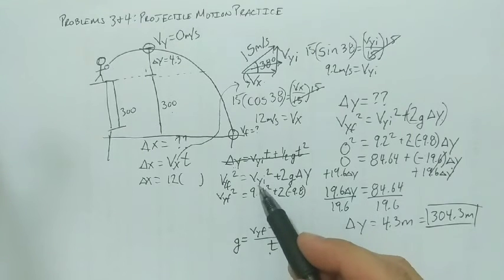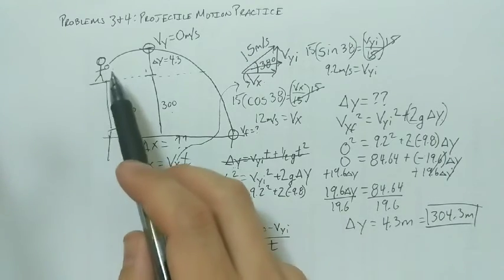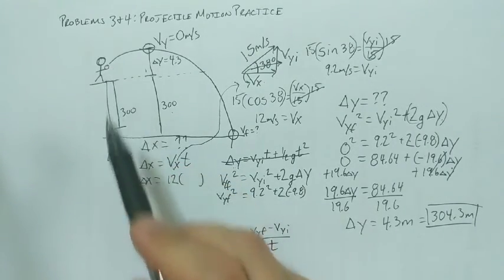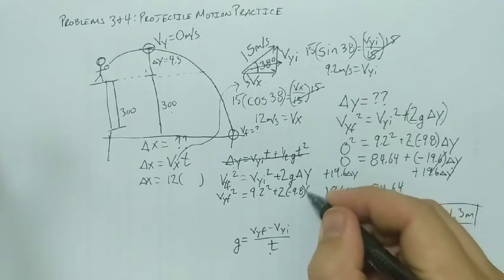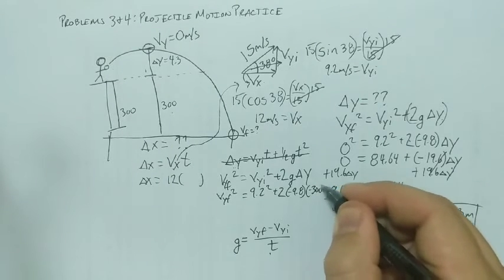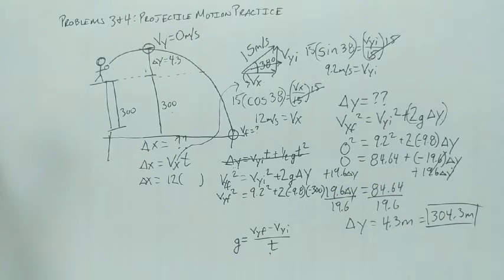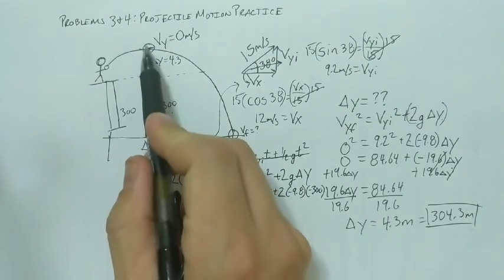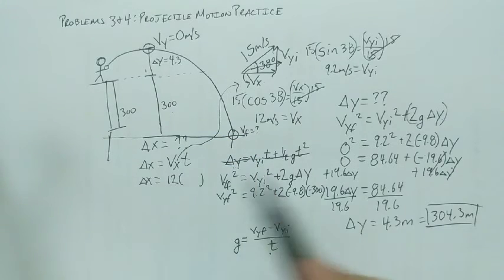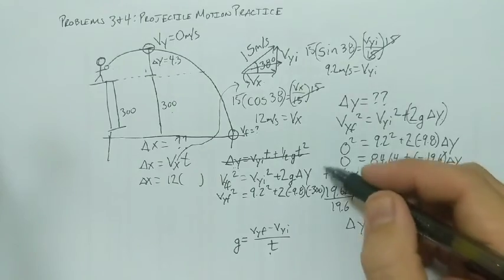But if I'm using my initial y velocity, I have to go back to my initial conditions. And what is my delta y here? My delta y here is negative 300. And so that is because I'm using my initial conditions, not the conditions at the peak. I have to use my initial conditions of negative 300.